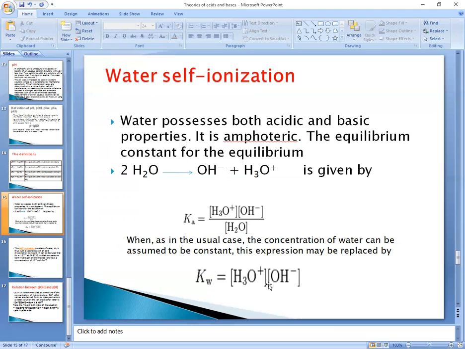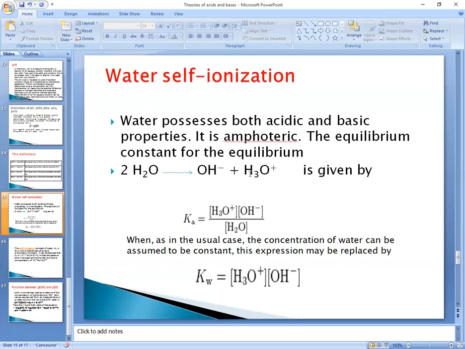In this connection it is considered amphoteric. And if two water molecules undergo self-ionization, ionizing each other, they give us hydroxyl ion and hydronium ion. This is the self-ionization.